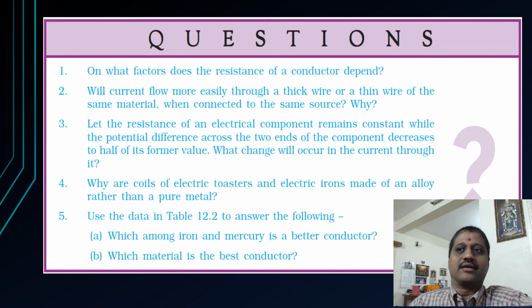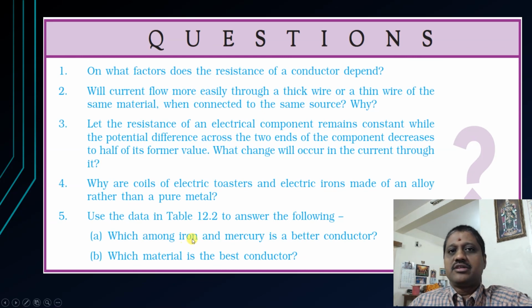When we are comparing materials, there is no question of dimension, there is no meaning in talking about resistance. So the answer should be in terms of resistivity: alloy has higher resistivity than the metal. Apart from that, you can answer that alloy is almost independent of temperature, and oxidation is less. But the important point is that when we are comparing the conducting ability of materials, we have to compare the resistivity, not the resistance.